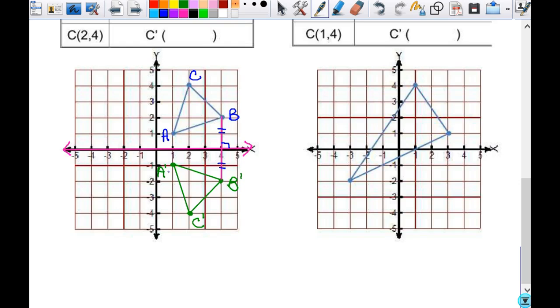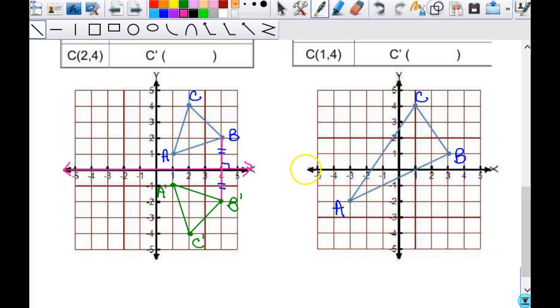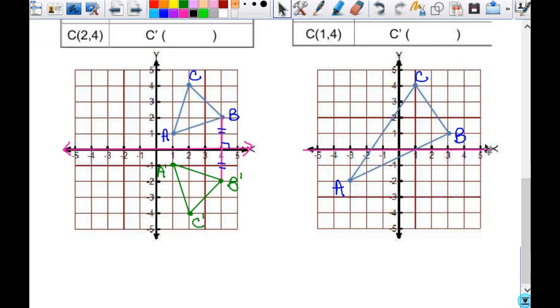All right, so let's look at the second one. Let's go ahead and label that one. This is A, B, and C. I am again reflecting in the x-axis. So I'm going to draw that in. Oh, goodness.